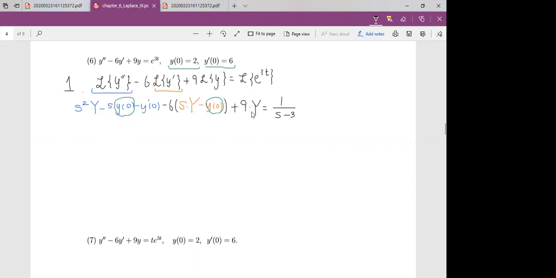1, 2, 3 terms containing capital Y in the left-hand side, and let's move everything else to the right-hand side. So capital Y times s squared, and then minus 6s plus 9. Good. And then if you move everything else to the right-hand side, we have s times y of 0 or 2s. Plus 2s.